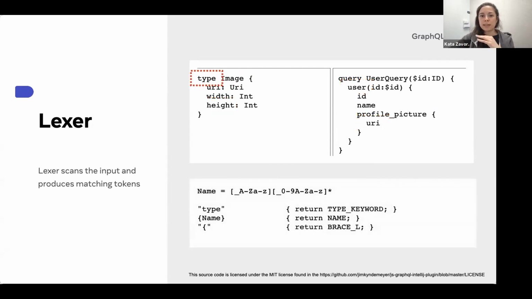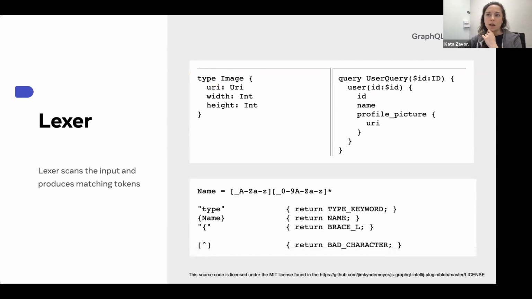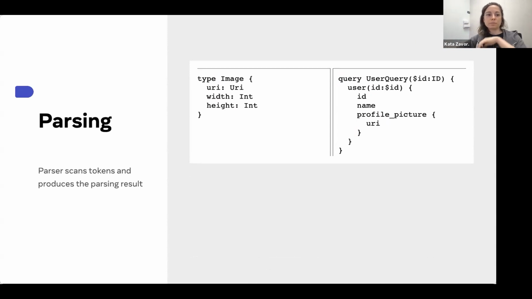So if we put the type definition above name definition, when the lexer matches the text against the type, it will stop, return, and would not go and match against next patterns. Another interesting point is that the lexer should also ensure full coverage for all symbols. So if our custom grammar does not support some symbols, we need to mention it explicitly. For example, we return a bad character token in this example. If we did not do that, it would throw an analysis error.